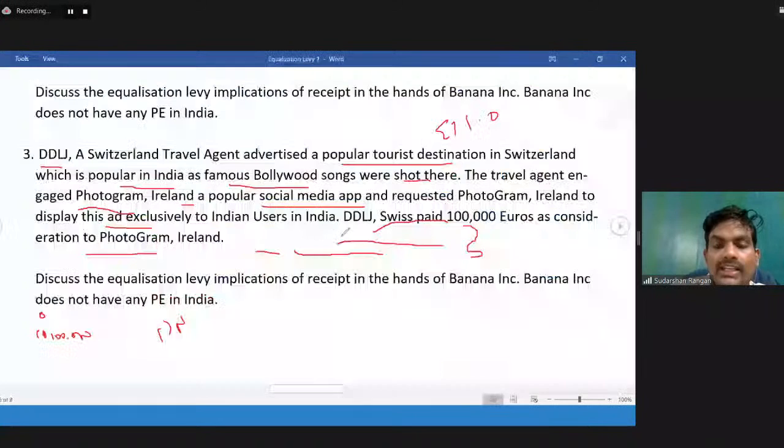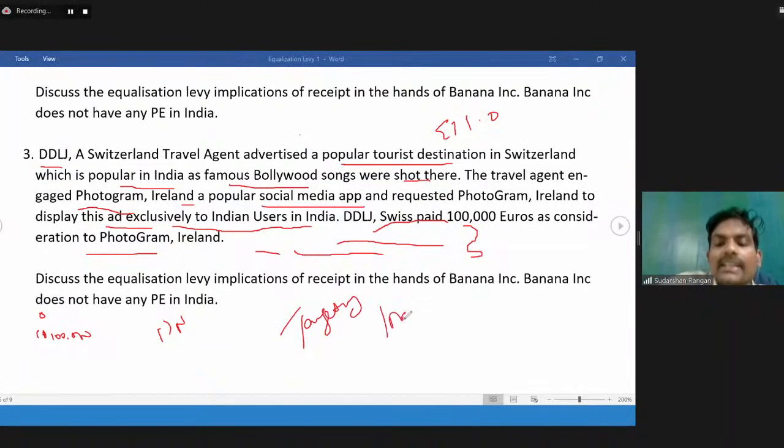So here, DDLJ requested Photogram to display exclusively to Indian users, so it is targeting Indian residents. Tomorrow when I go into my Photogram account in Chennai, I see a Swiss post come up saying, oh, beautiful exotic location, famous Indian song. I say, oh yeah, I've seen this.